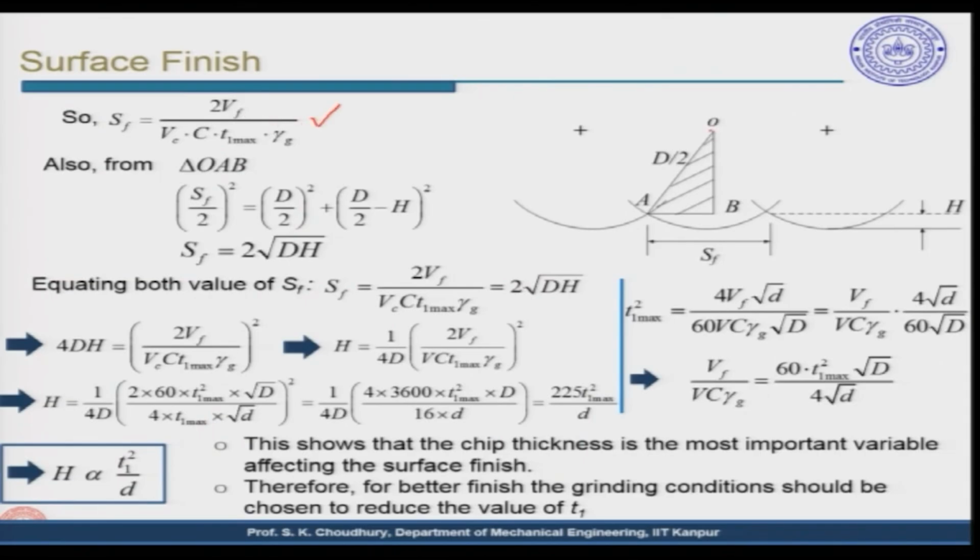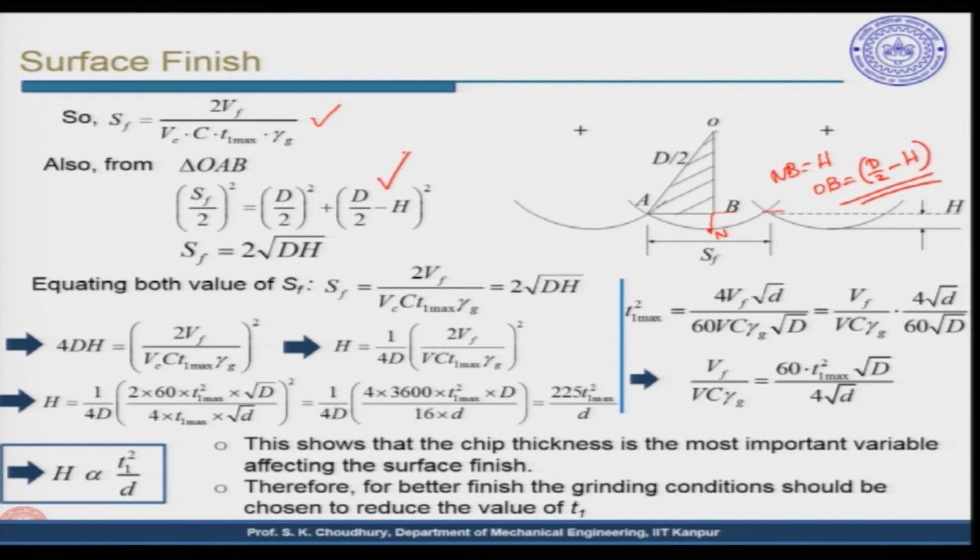Now, from this triangle you can find out that OA square is equal to AB square plus OB square. Now, AB is Sf by 2 and OB is equal to ON minus NB, where this point is N and NB is H, from here to this is H. So, OB will be ON, which is D by 2, minus H, like we have done in case of milling.